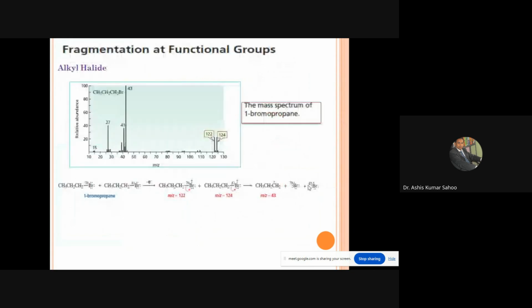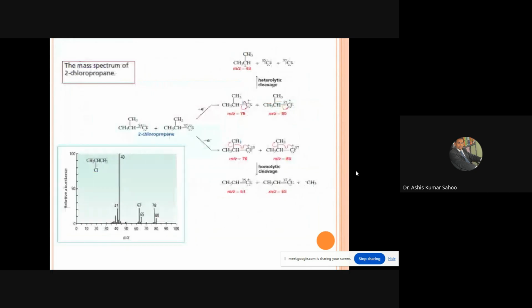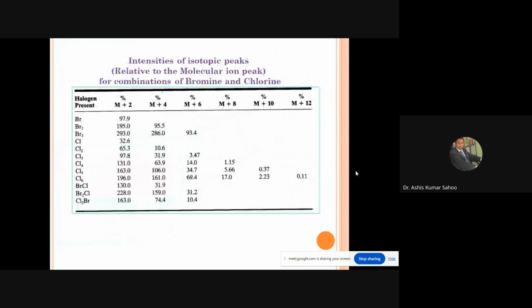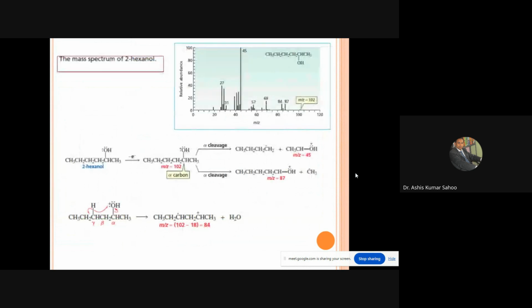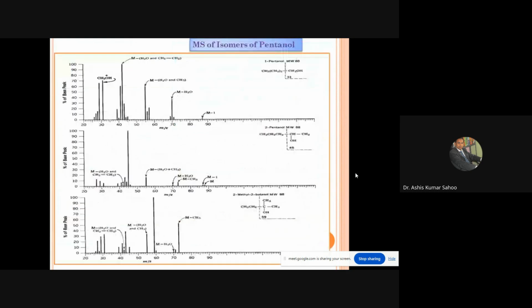In the alkyl halide you get 41, 43, M plus 2. This is the mass spectrum of 2-chloropropane, the mass spectrum of secondary butyl, and the MS of ethyl secondary butyl ether. These are the different mass spectra. You can see different isomers of them.